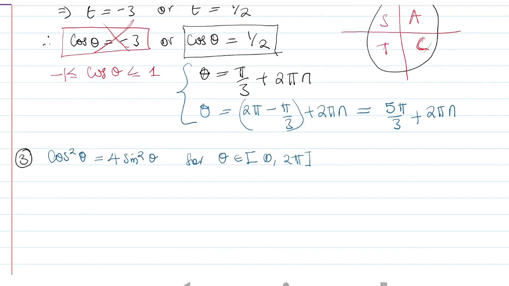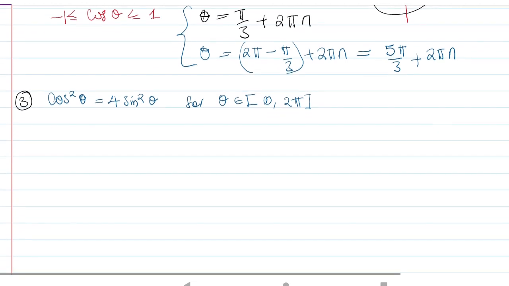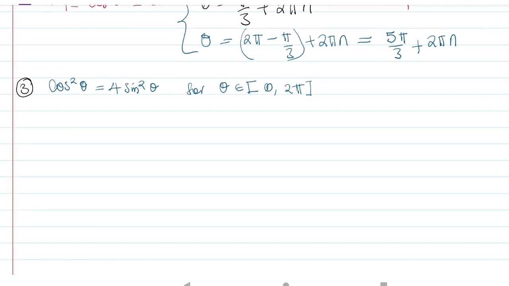Let us look at the last equation. So interesting. We have cos squared theta is equal to 4 sine squared theta for theta between 0 and 2 pi. So first of all, let us write cos squared theta minus 4 sine squared theta is equal to 0.